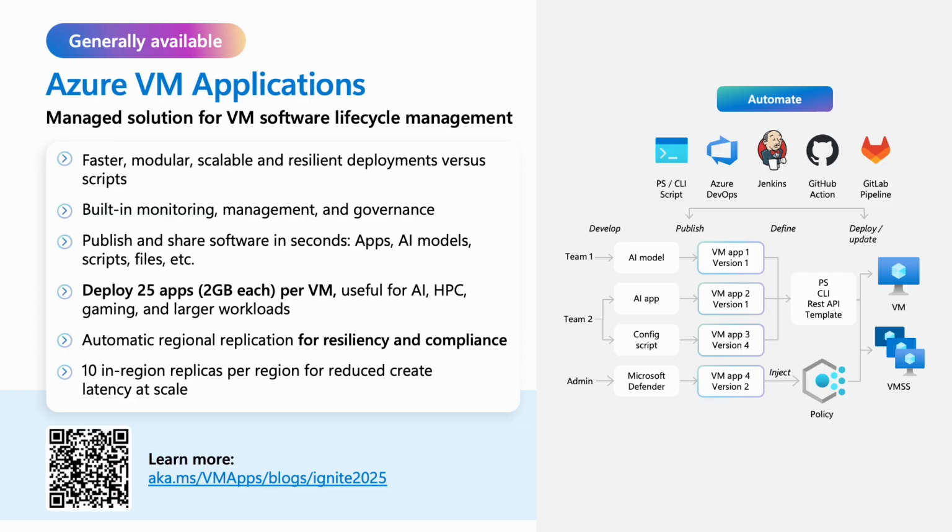You can have 10 in-region replicas to give you massive scale and reduce latency. It simplifies your application deployment, it helps you with resiliency, and it helps you with seamless updates. Whenever your app gets updated, VM apps can simply roll that out in a highly available manner across your VMs.